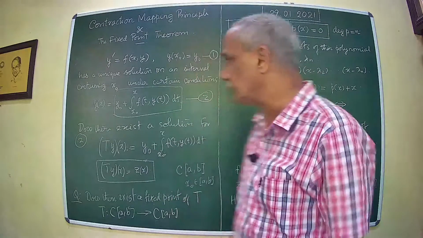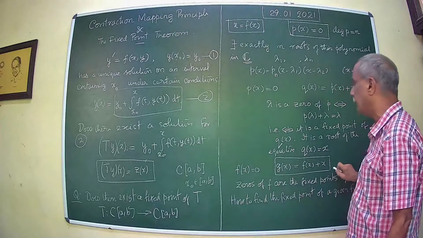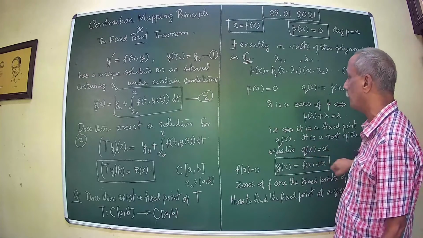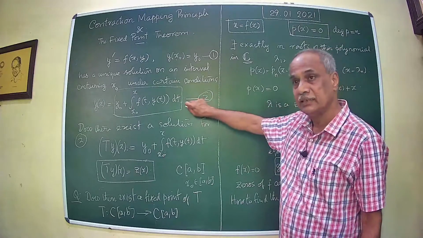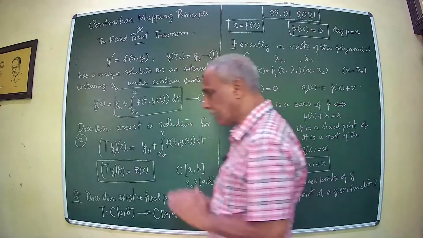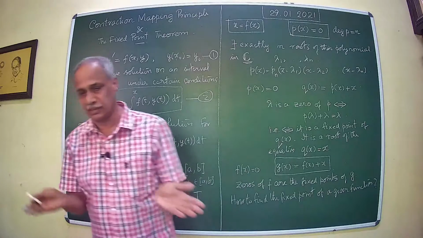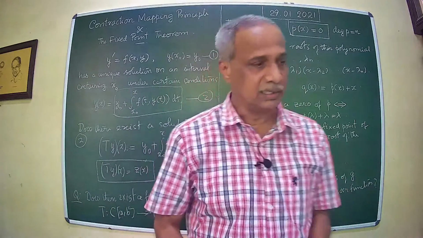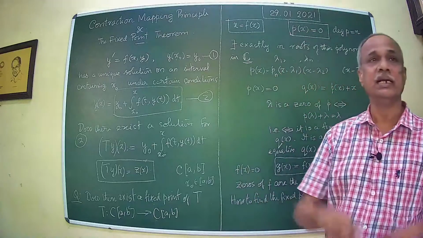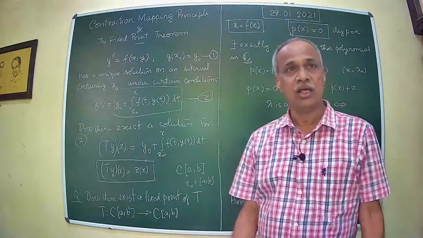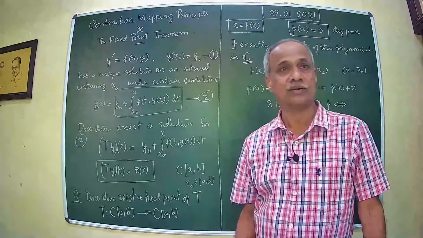You see that there is a lot of similarity between what we did earlier for polynomials or even continuous functions and this problem. So in diverse environments, in diverse problems, you see that the same question is getting asked. So how to handle this? Now this is the problem.